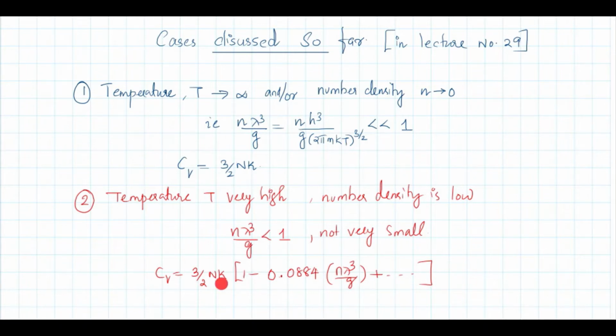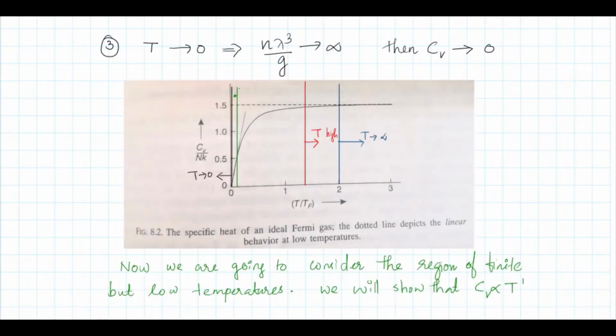When T tends to infinity, lambda goes to 0 and you get 3 by 2 nk, the same result. But for finite but very high temperatures, Cv will be less than this limiting value 3 by 2 nk because there is a negative sign. So that was case 2.